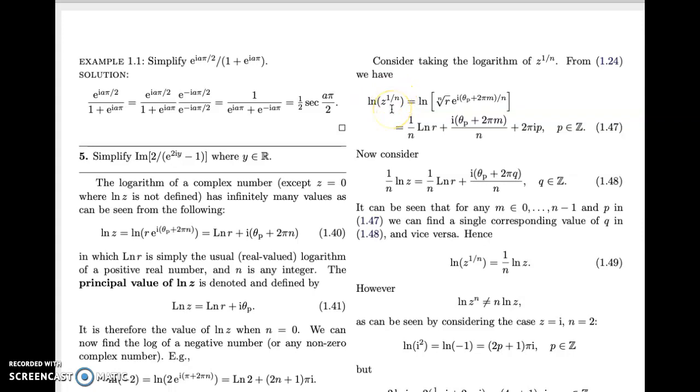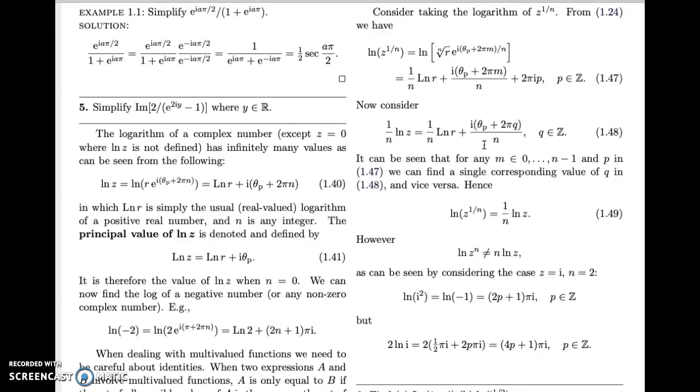We now wonder, could we take this 1 over n outside and just write 1 over n log z? So is this thing actually equal to this thing? It's not immediately obvious, but basically p is any integer, here q is any integer, and these two things are actually the same thing.